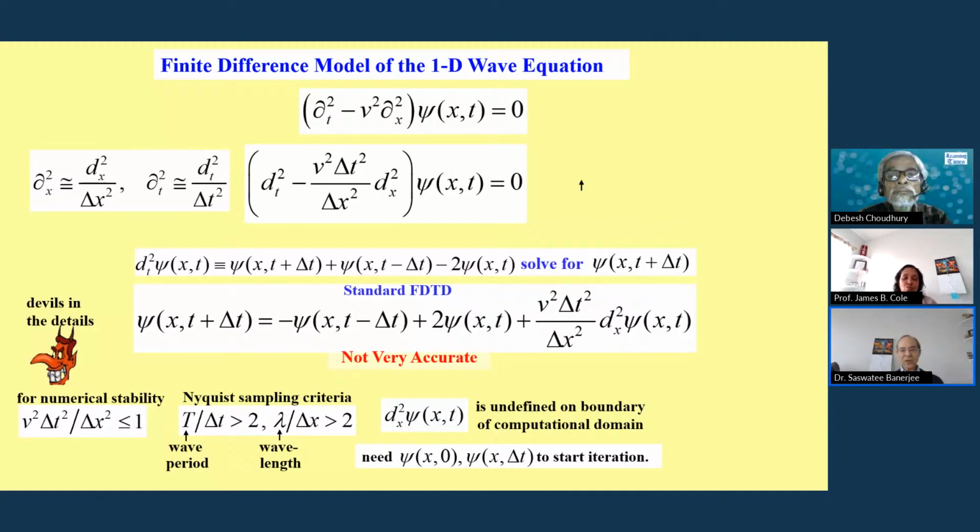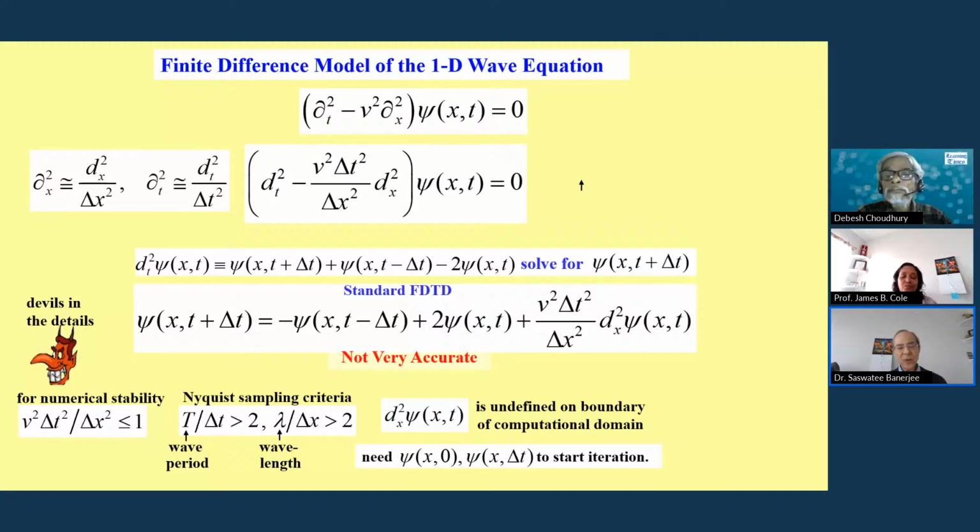So this is it. Now, there's an old saying that the devil is in the details. And so there are some things that you have to know. I don't have a lot of time, so I won't discuss this completely. But you can't just have any value of delta t squared or any value of delta x squared. They are constrained. In the case of one dimension, you must have v squared delta t squared divided by delta x squared less than or equal to 1.